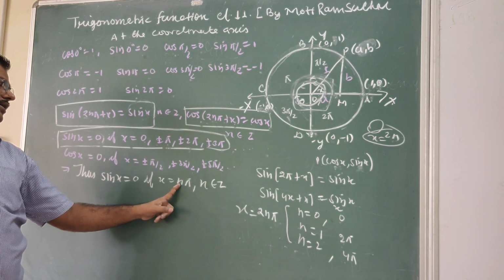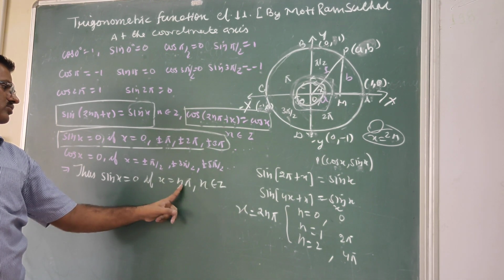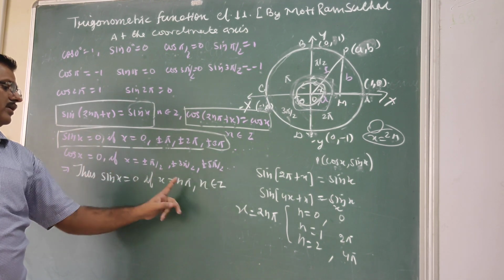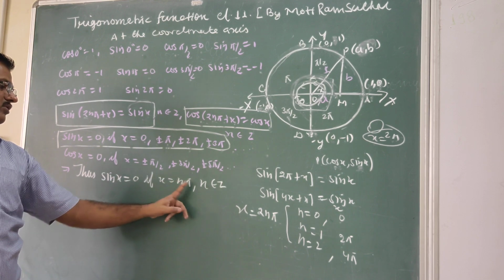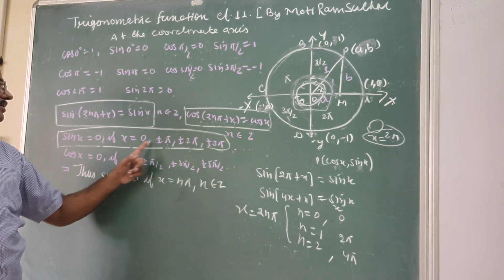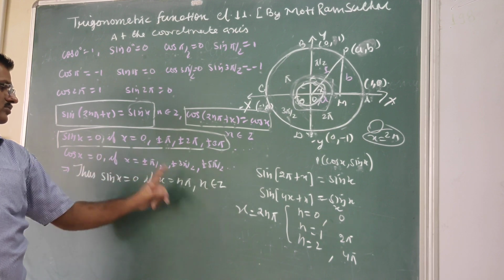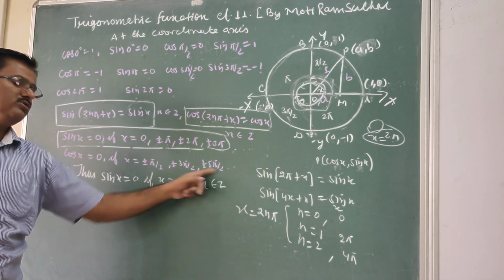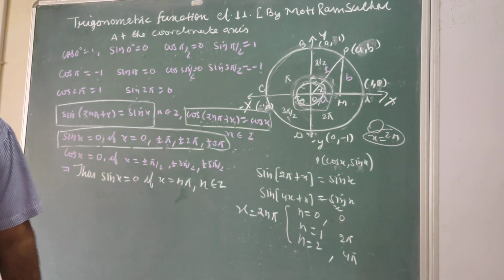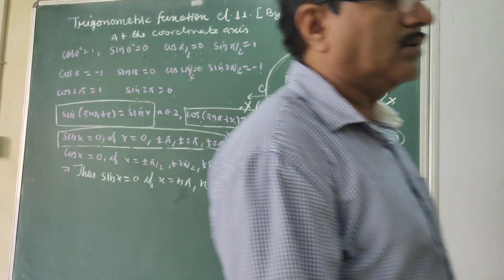Suppose you take n equal to 0, then x is 0, and sin 0 is 0. N equal to 1, x equals pi, so sin pi is also 0. 2 pi, 0. 3 pi, and in this way you can put any value of n, and the corresponding value of sin will be 0.